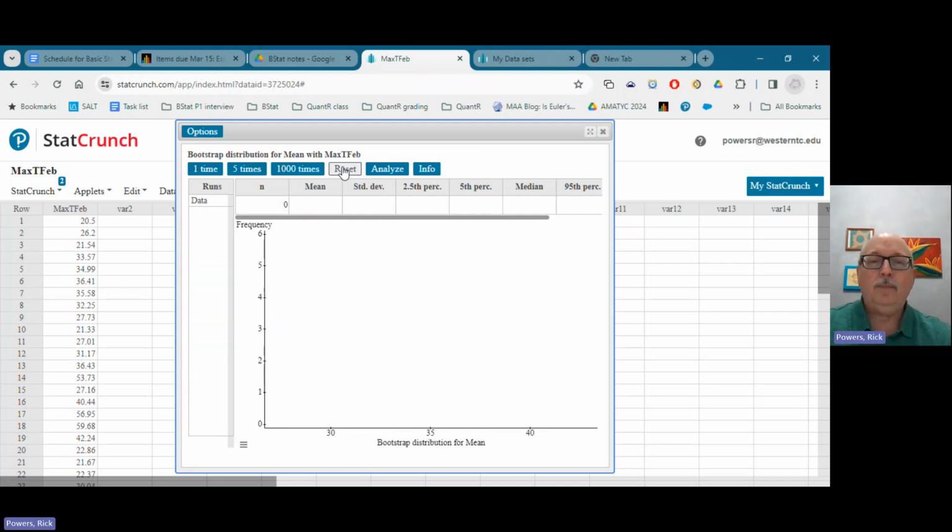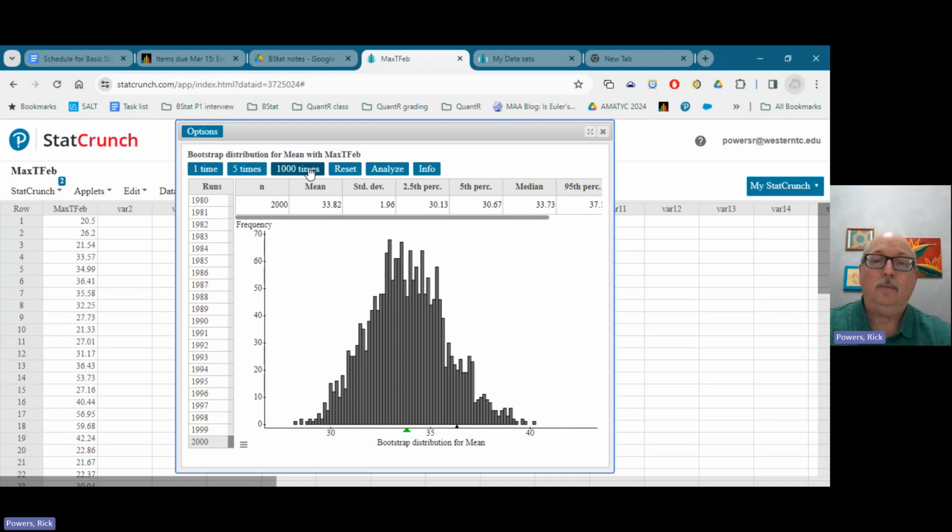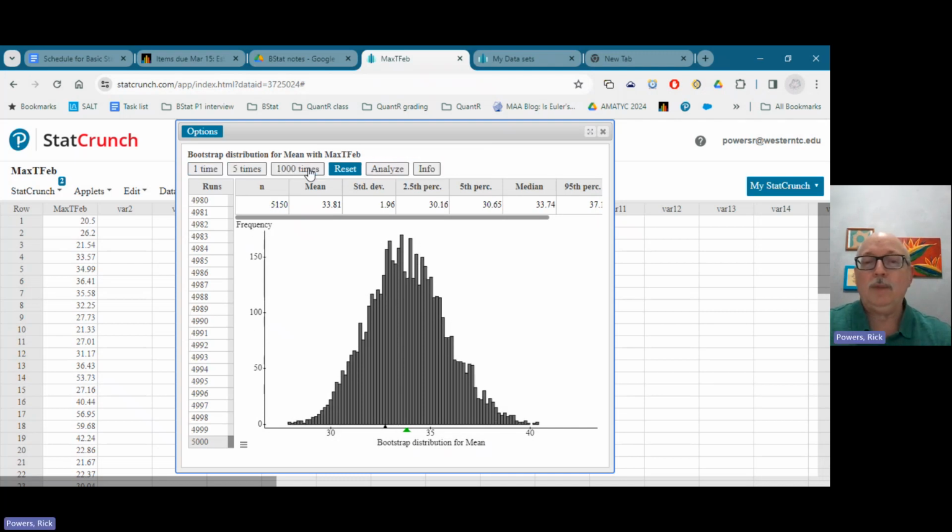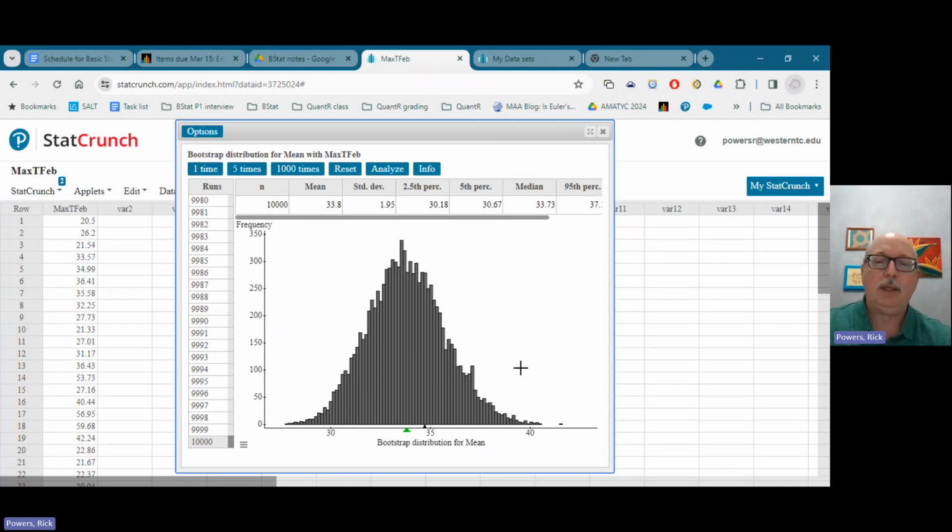I could reset it and run it again for however many times I want. It's going to be different this time now because the seed was a little bit different. And so it's not exactly the same. It's not exactly symmetric, but it looks pretty nice in terms of being bell-shaped.